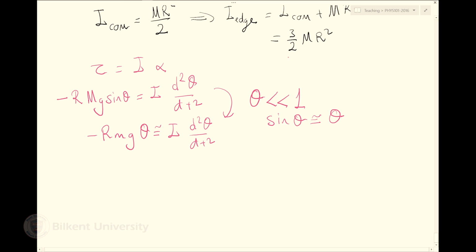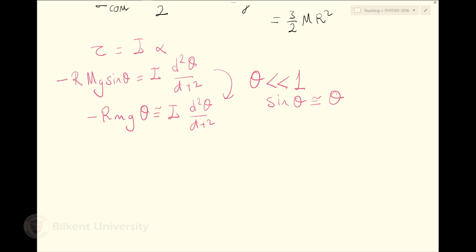So now I can plug in everything. I is 3/2 mr squared. I'm really worried about the projector today.